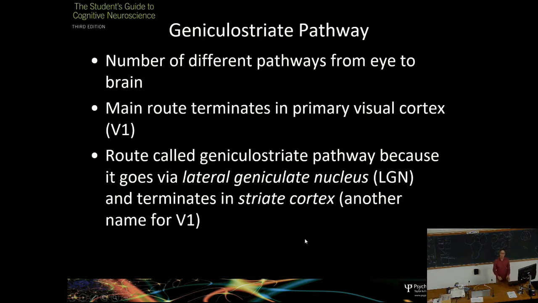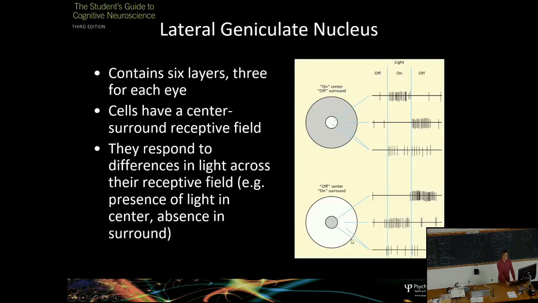The striate cortex is another name for your primary visual cortex, also known as V1, so you've got these three names. Striate means stripe, and in the old days, when you stained brains using certain chemicals, you would see a black stripe that went through it because of particular cells in that part of the brain.